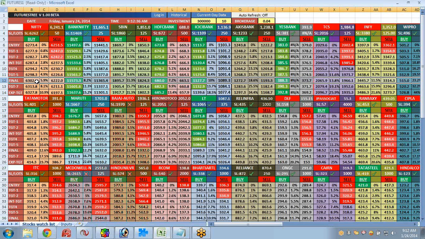So usually what happens on FuturesTree is that roughly 3 or 4 scripts every day hit their final targets, and one or two might even make their expanding targets within no time. So that is one advantage of trading in FuturesTree.